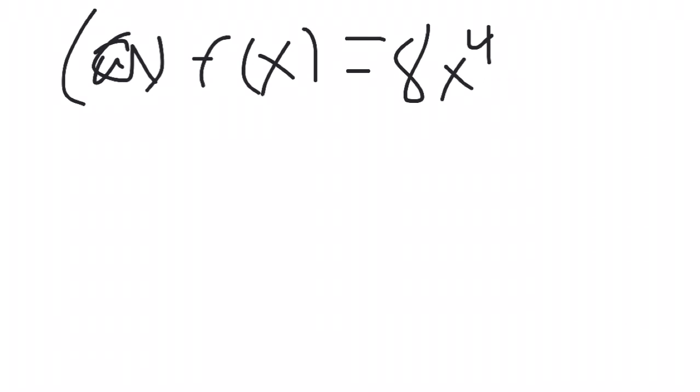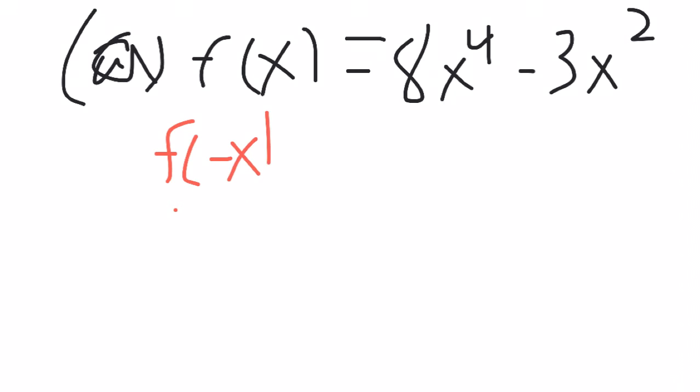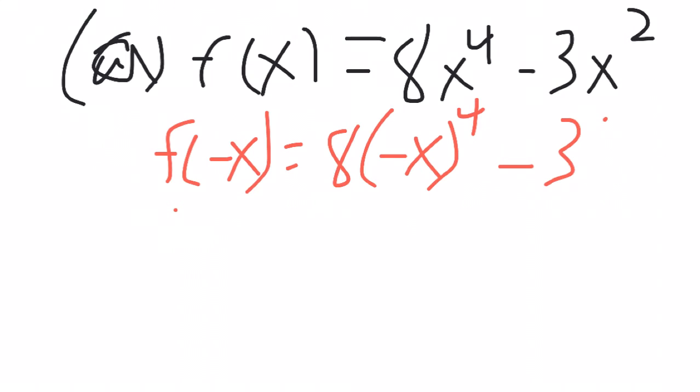For example, part A, f of x equals 8x to the fourth minus 3x squared. You plug in negative x, that'd be 8 times negative x to the fourth minus 3 times negative x squared.